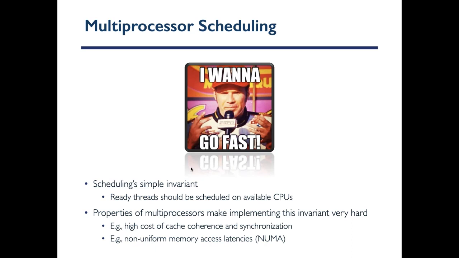The most important ones are the cache coherence policies and their costs, the cost of synchronization, and the non-uniformity of memory accesses. These make it really difficult and challenging to implement that simple invariant.